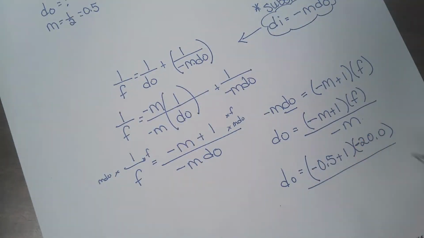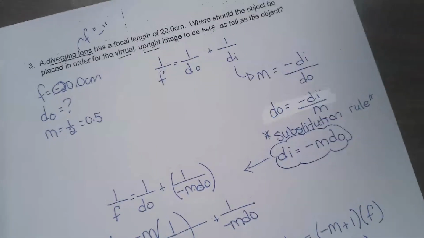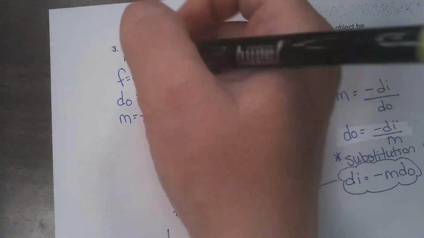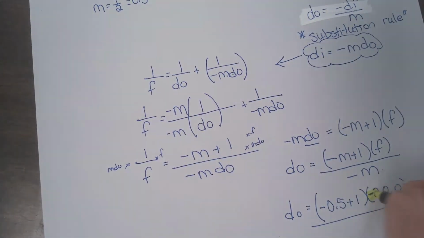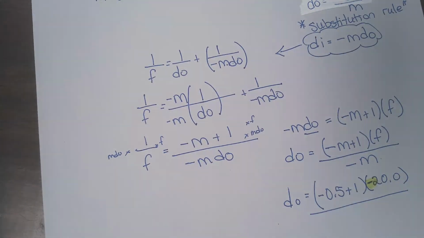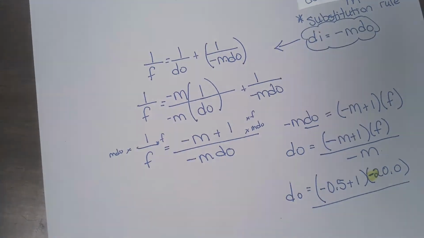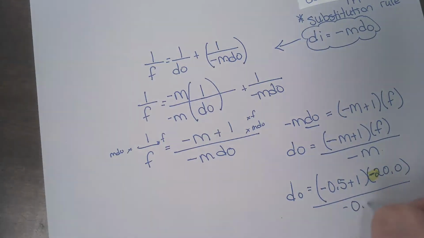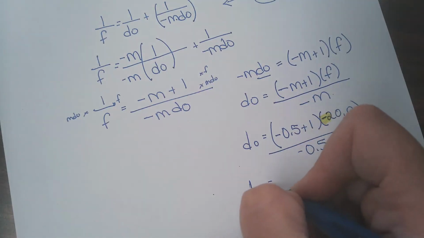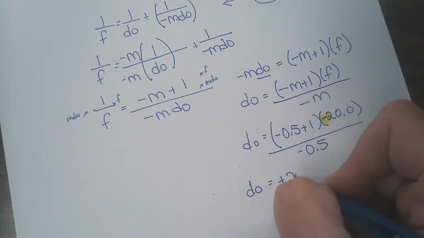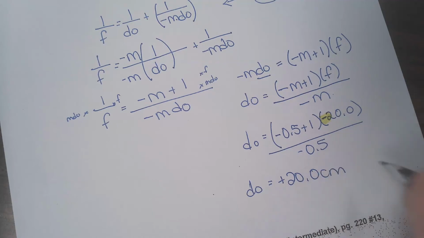I forgot to put it here. Pay attention, people. Negatives. Can't forget that. You're going to get a different answer if you do. So with negative 0.5, DO is equal to positive 20.0 centimeters.